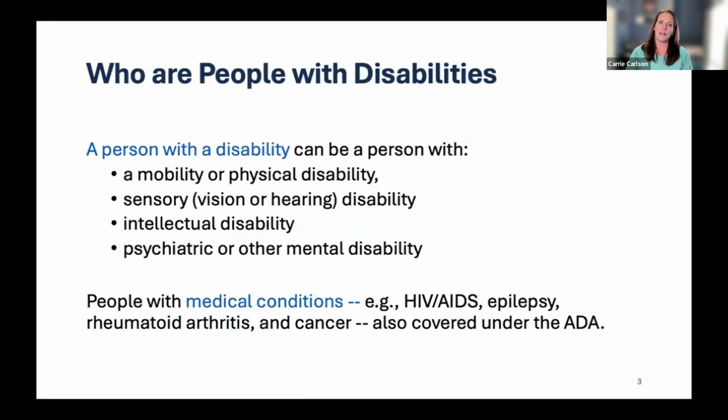I'm going to the next slide. And who are people with disabilities, right? A person with a disability can be a person who has a mobility or physical disability, sensory, which could be vision, hearing, intellectual disability, psychiatric or other mental disabilities, and also people with medical conditions like HIV, AIDS, epilepsy, rheumatoid arthritis, and cancer.